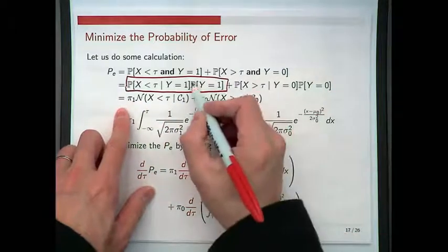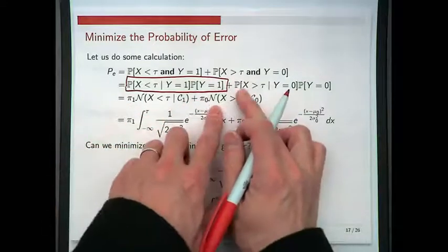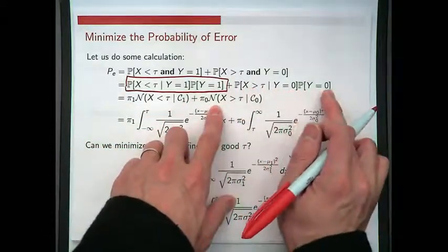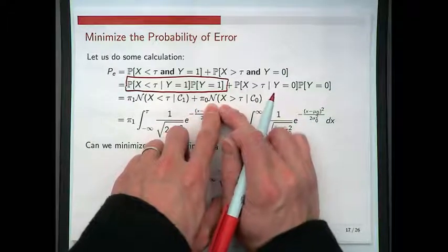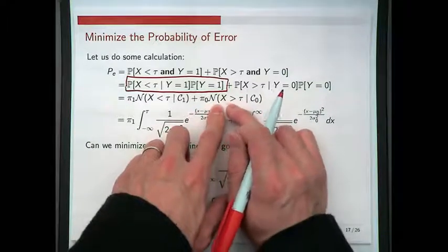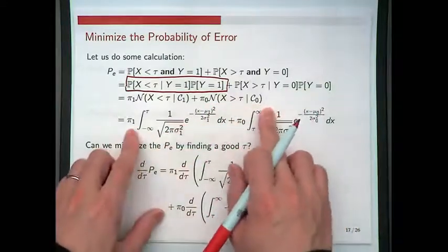Now, what is this prior probability? That's just pi 1. You do the same thing for the case of class 0. So you have pi 0 times the Gaussian probability of x bigger than tau given that the class is C0.